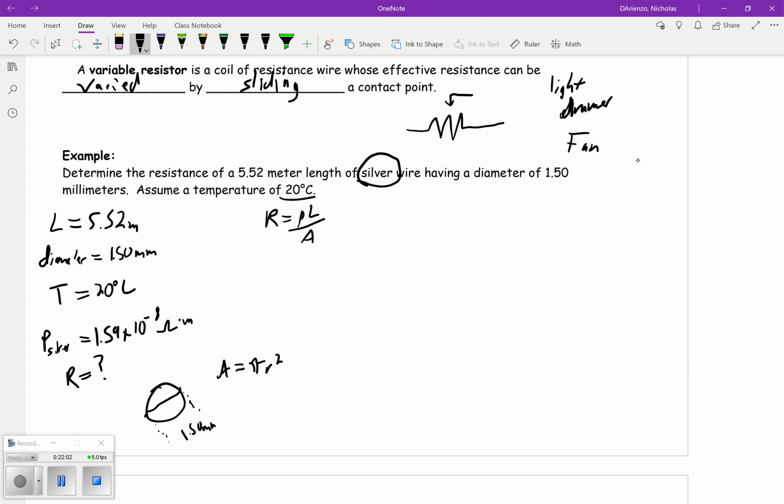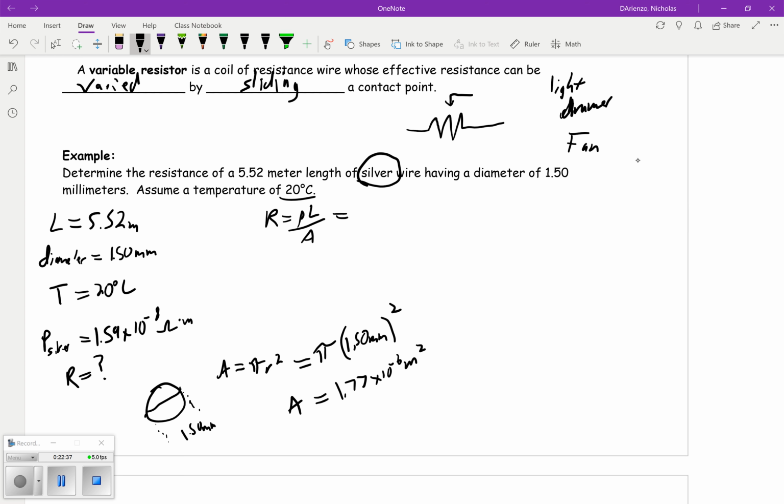And this is given to you on page 5 under geometry and trigonometry of your reference table. You might also just remember this one. So this comes out to pi times 1.50 millimeters squared. We get a value of 1.77 times 10 to the minus 6 meters squared. And that's our area. We have a little intermediate step here.